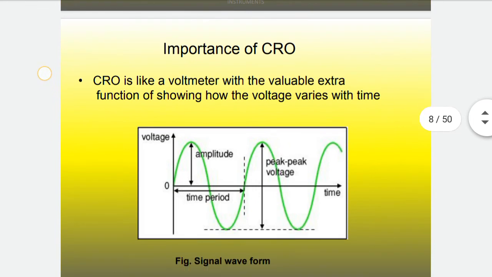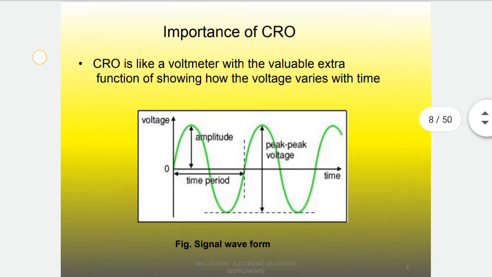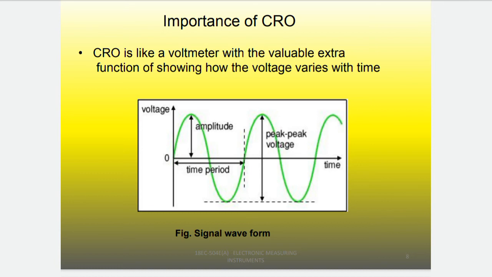Now coming to the second topic, that is importance of CRO. CRO is like a voltmeter with the valuable extra function of showing how the voltage varies with time. You can see in the figure, x-axis as time and y-axis as voltage, and here you can see the sinusoidal continuous cycle, where amplitude, time period and peak to peak voltage are represented.